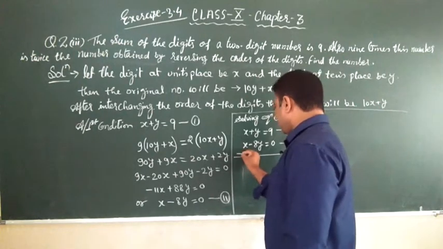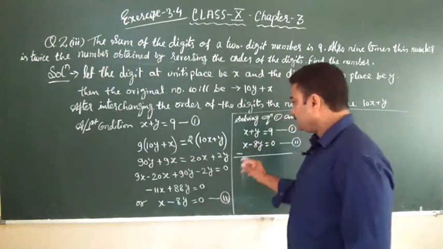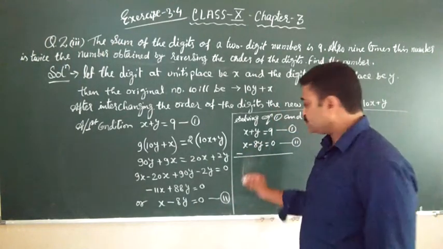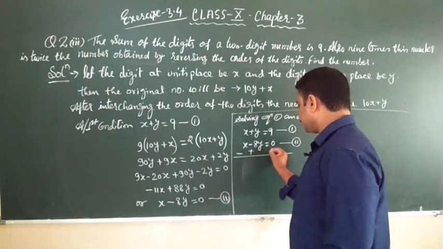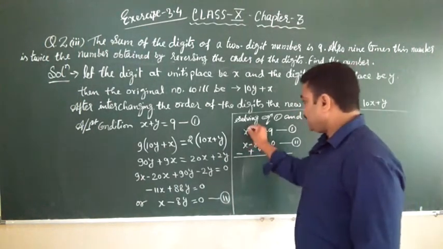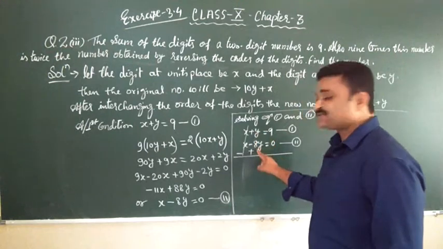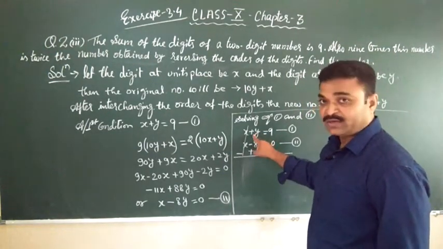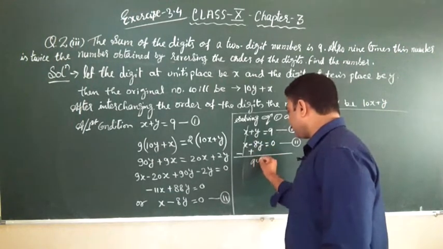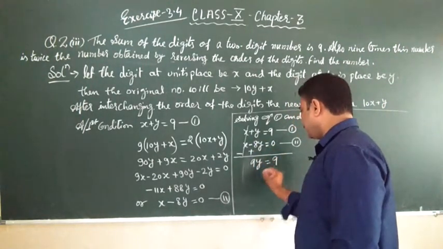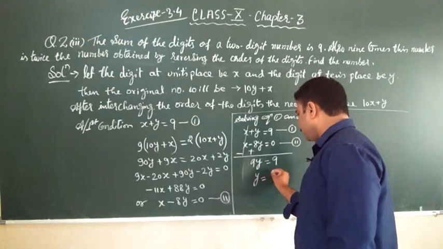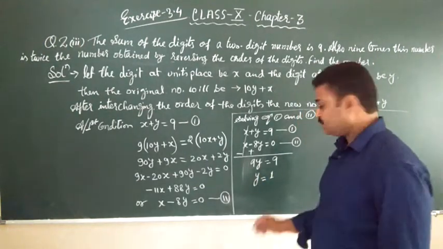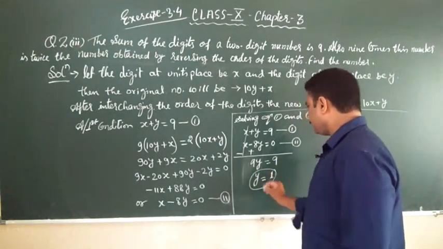When we subtract, we change all the signs, and 0 has no sign. x cancels, then y plus 8y, now its new sign is plus. So, 8y plus y, that is 9y is equal to 9. So, y is equal to 1. Clear?